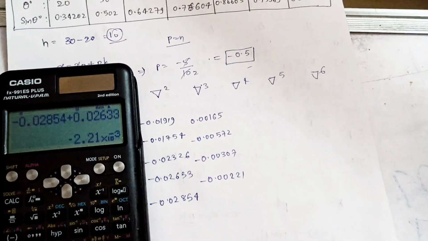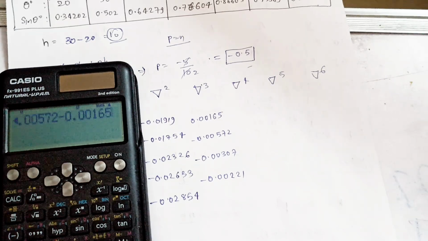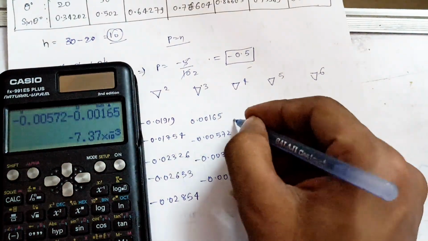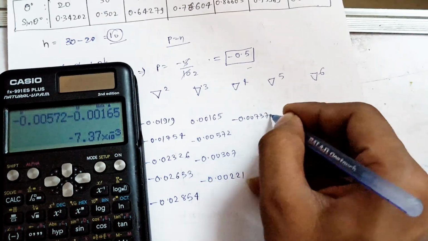We're going to find, firstly, minus of 0.00572 and minus with 0.00165, that is equal to minus of 0.00737.